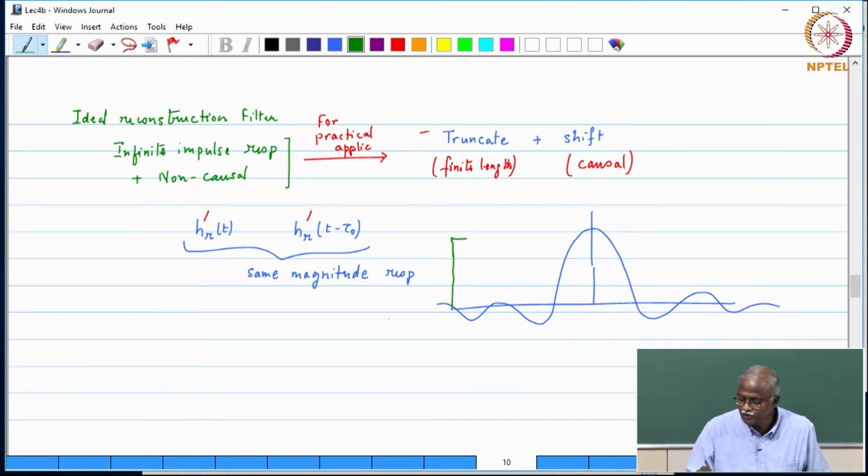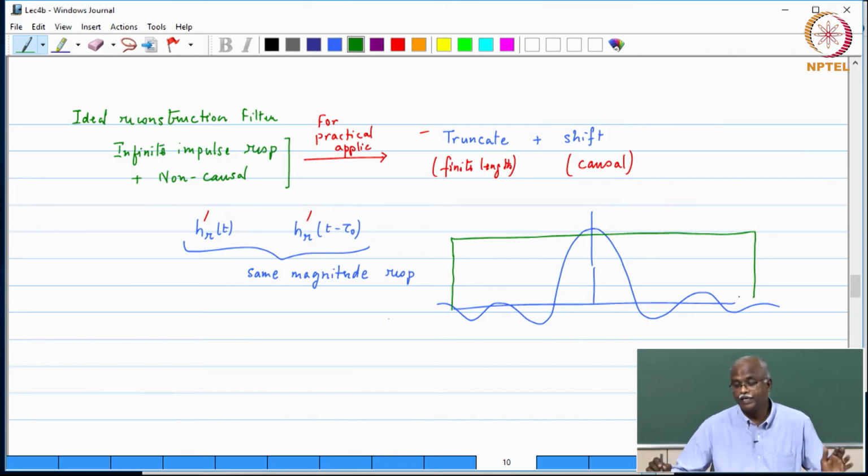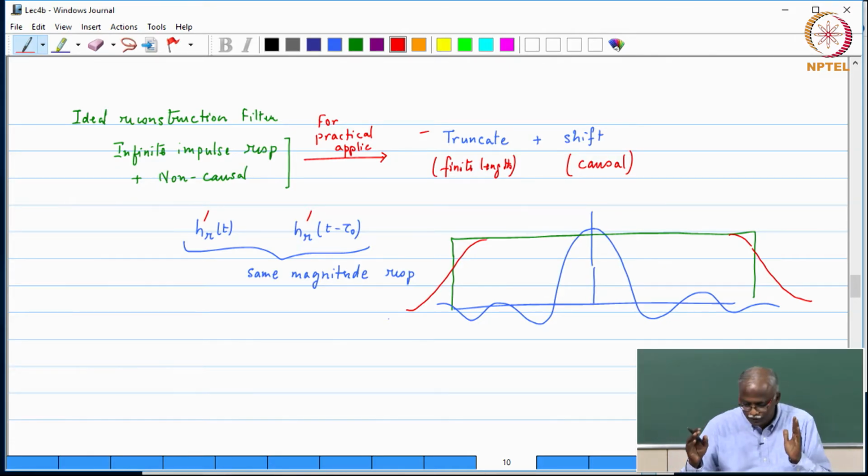We can truncate using a rectangular window, a symmetric rectangular window, or one of many windows which have a smooth transition, smoother than the rectangular one. Ultimately the goal is to limit the length of the reconstruction filter.